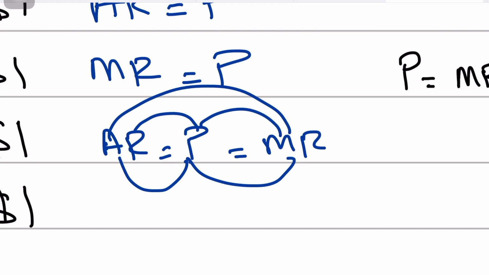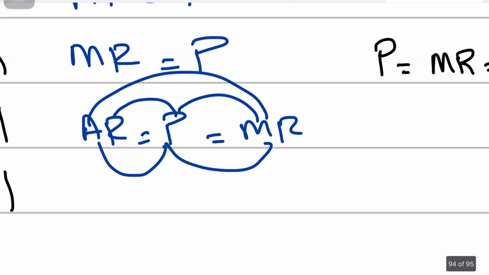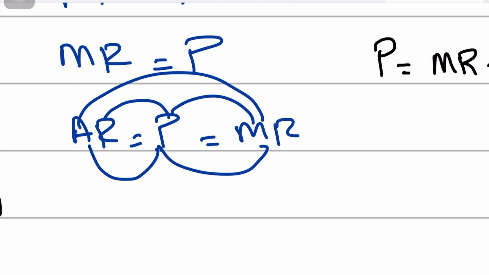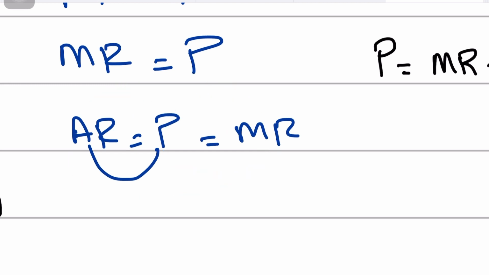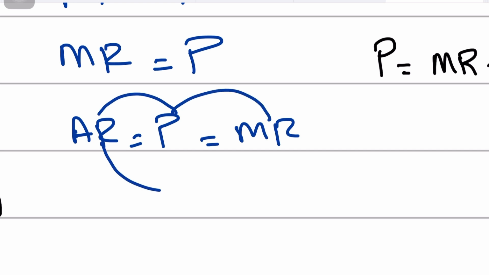So if price equals marginal revenue, and if this equals this, then the average revenue also has to be equal to the marginal revenue, right? Simply, if average revenue equals price and price equals marginal revenue, then average revenue also has to be equal to marginal revenue.